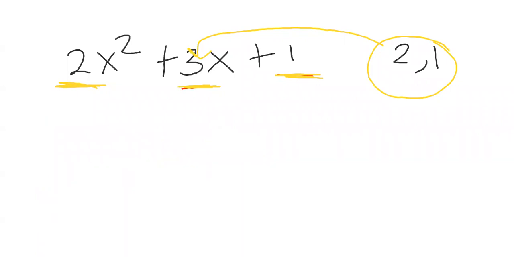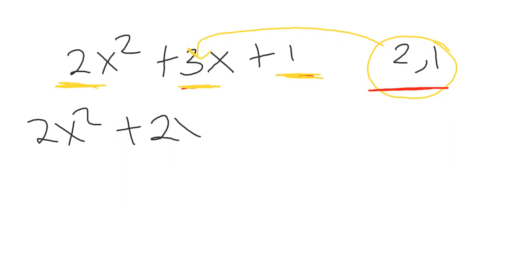We are going to rewrite our expression. It means we are going to have 2x squared plus, we now insert our numbers, plus 2x. So when we insert them here, we insert them together with an x because we have an x there.